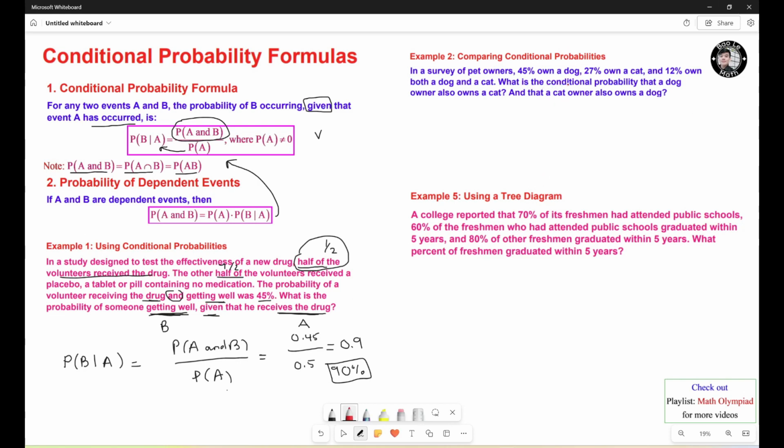Look at the question: what is the conditional probability that a dog owner... So this one occurs first, and then this one occurs second, which means it's the given. So we have the probability of cat given dog equals the probability of cat and dog divided by the probability of dog.